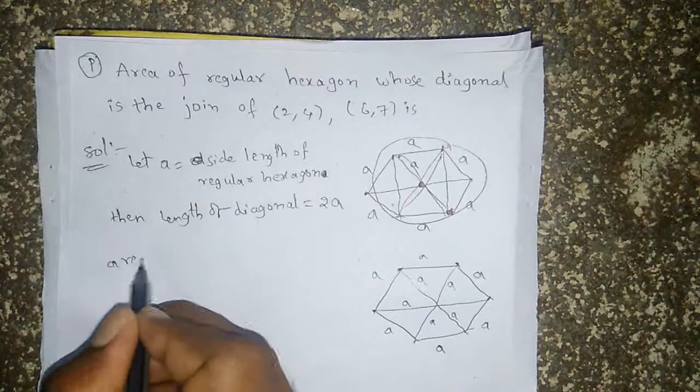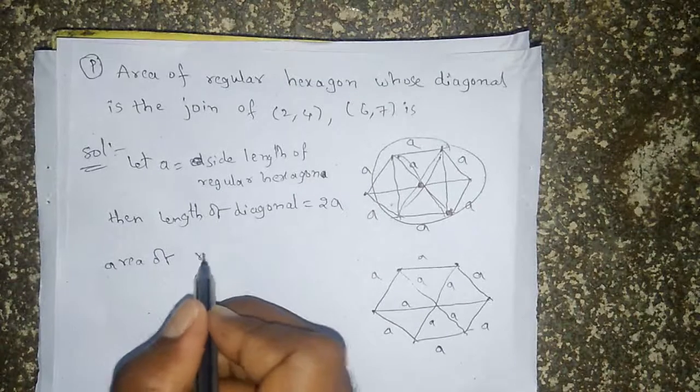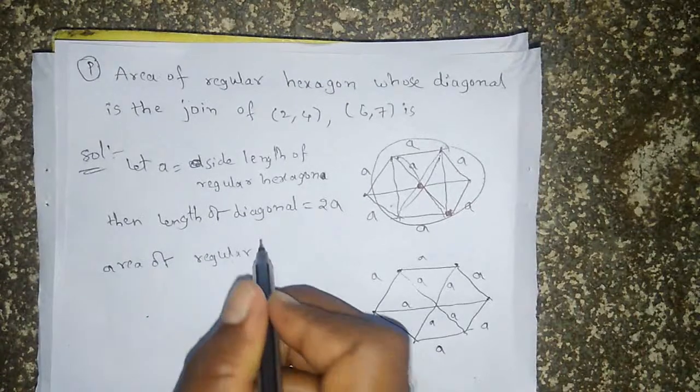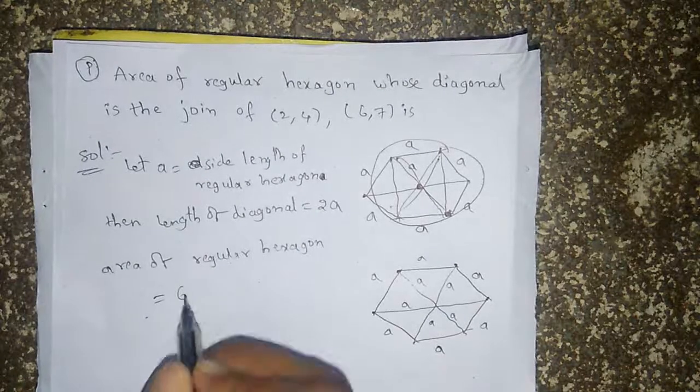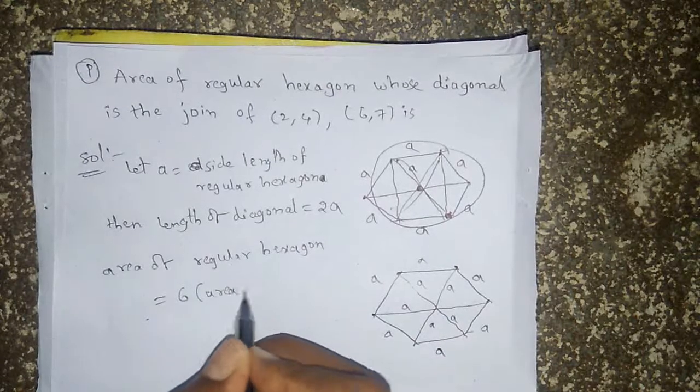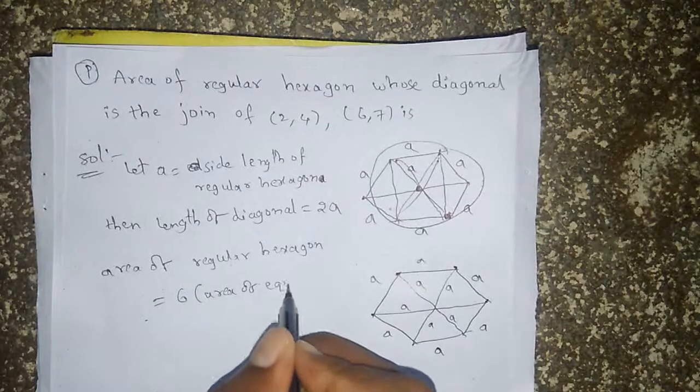Here area of regular hexagon is equal to 6 into area of equilateral triangle.